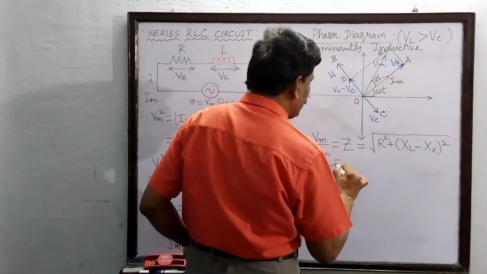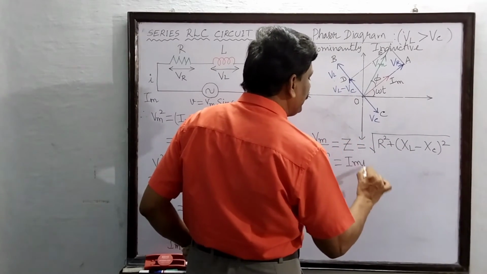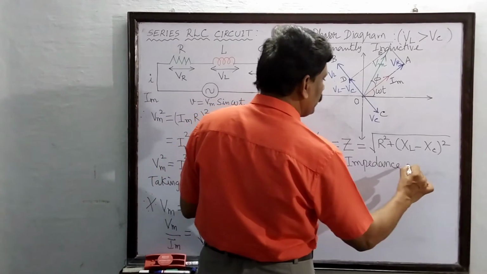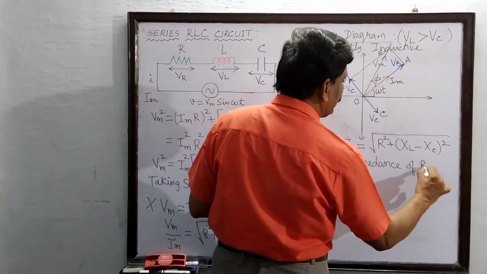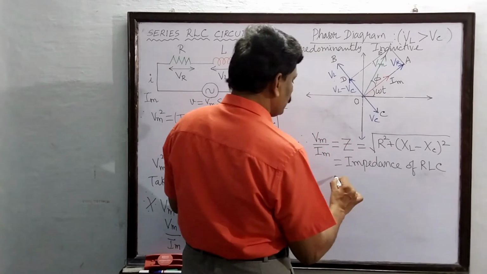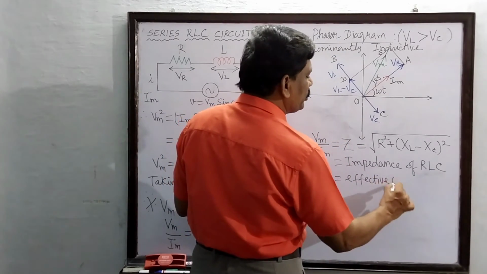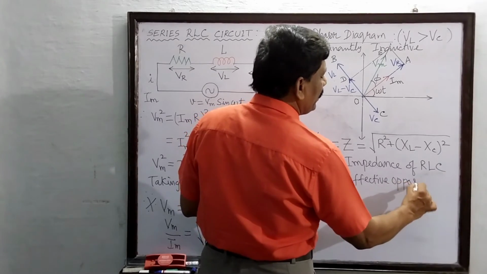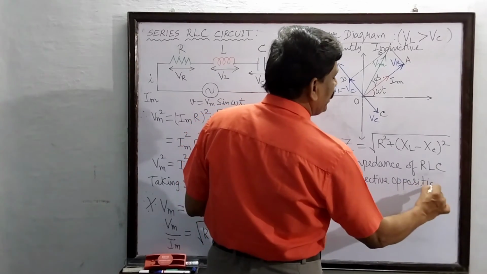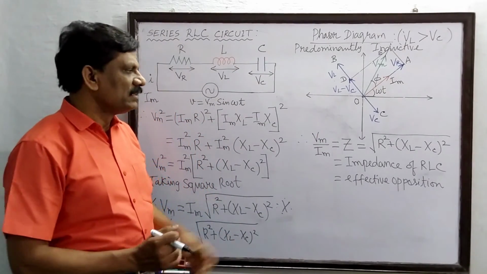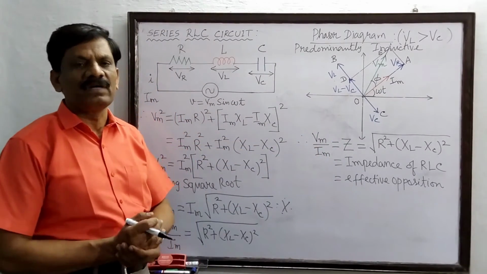This is called the impedance of the RLC circuit. This is nothing but the effective opposition offered to the flow of AC. So this also is very important for us.